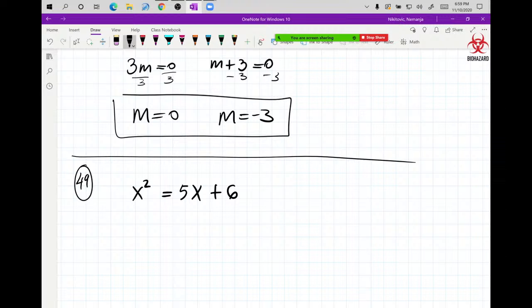Would anyone share what the first step is, at least? Well, we need 0. Make a 0 on the right-hand side. Good. So we have to move 5x and a 6. Okay, that's perfect. So hopefully everyone is doing that now.